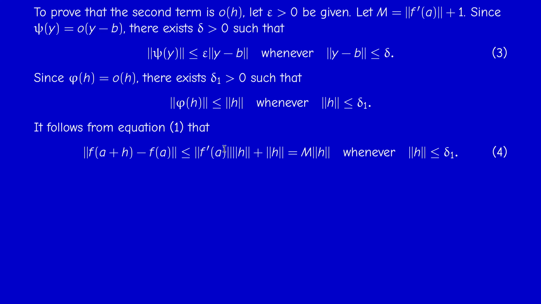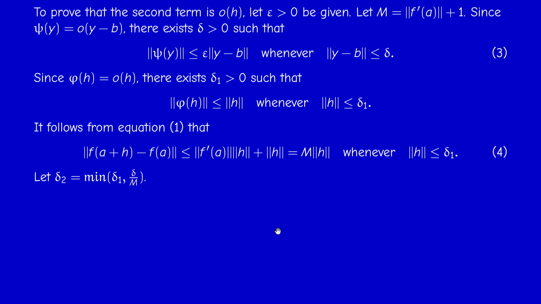So I use the triangle inequality: the norm of the sum is less than the sum of the norms, and then I use the operator norm of f prime, and I get the norm of f prime a times the norm of h plus the norm of h. So I factor out the norm of h, and I get the norm of f prime a plus 1, which is the constant m, provided, of course, that h is less than delta 1.